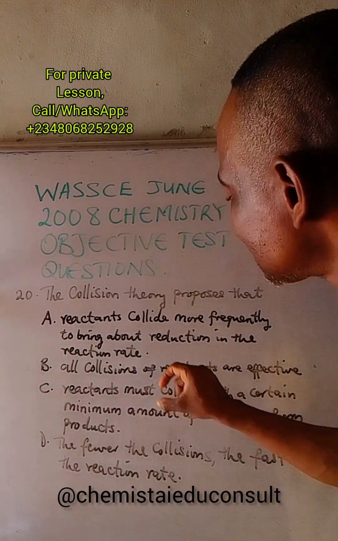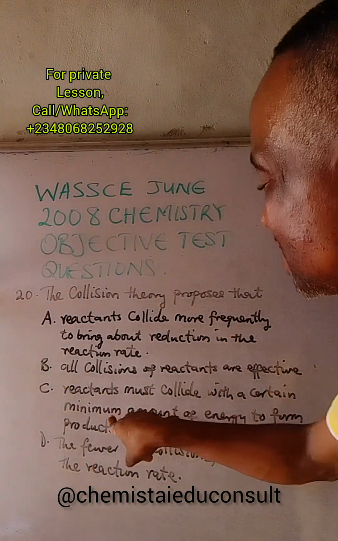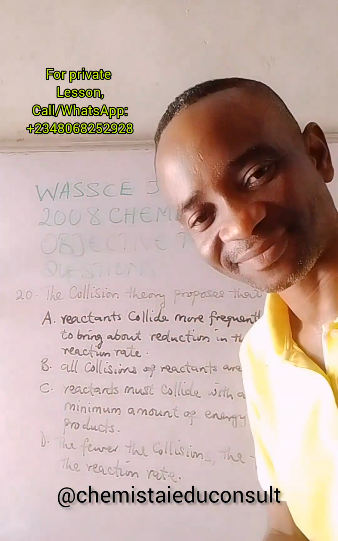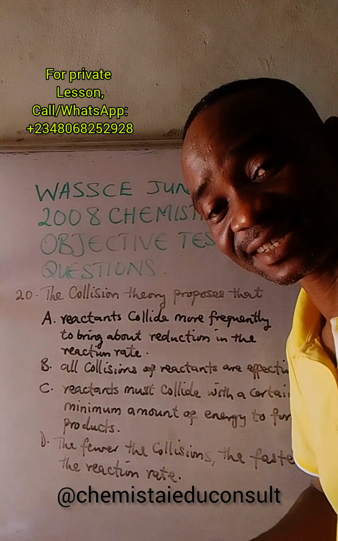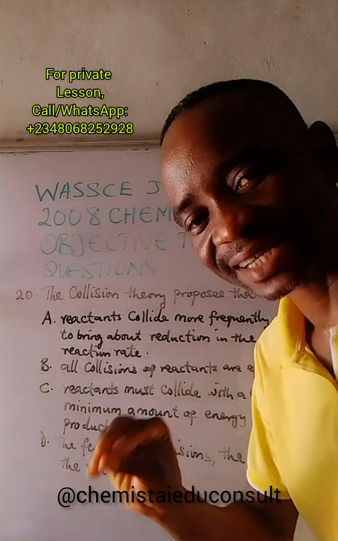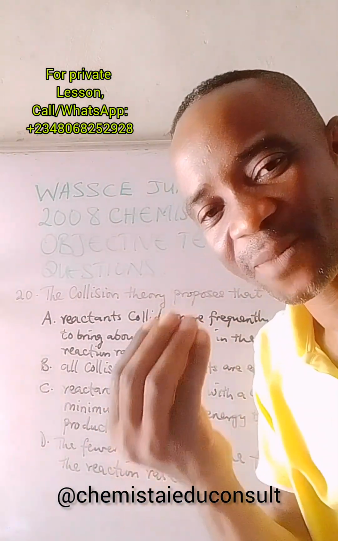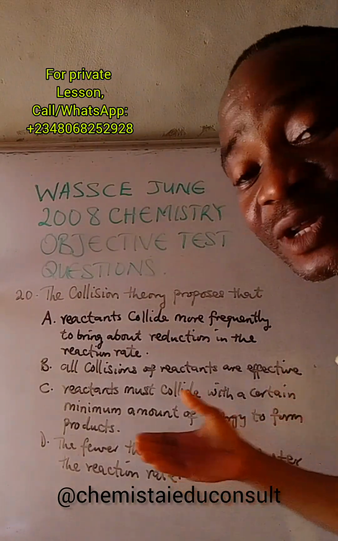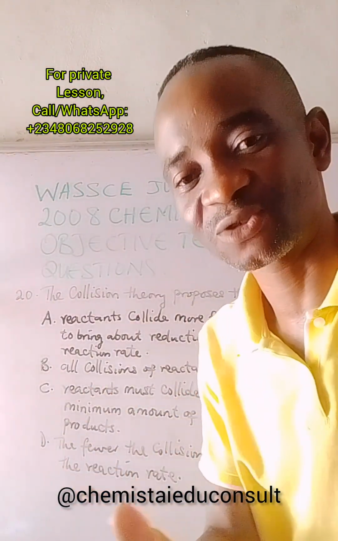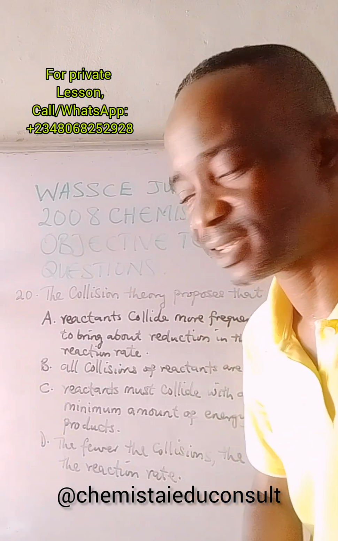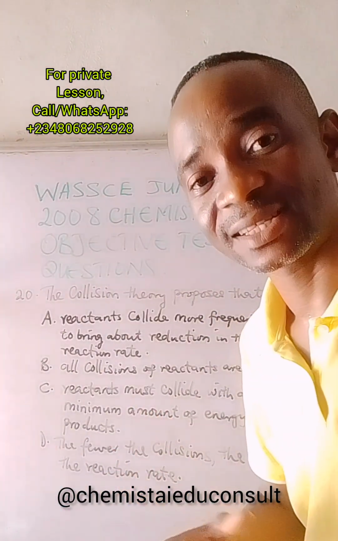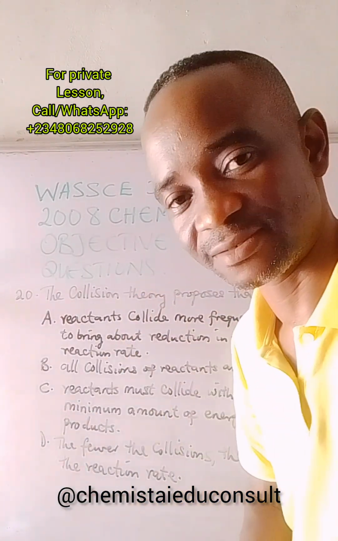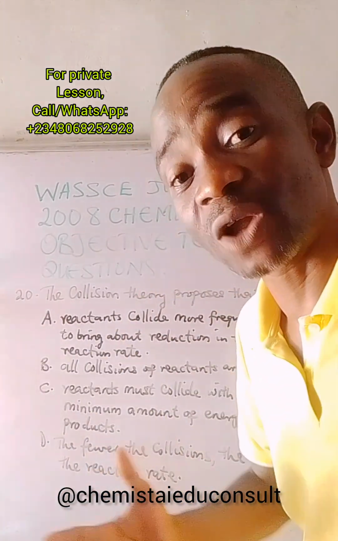C. Reactants must collide with a certain minimum amount of energy to form products. What did I say? So C is correct. They must possess a certain minimum amount of energy for the reaction to happen and for the product to form. Just like you going to the marketplace or supermarket and they say everybody must have at least $1 in order to get a good from here, and you have none.